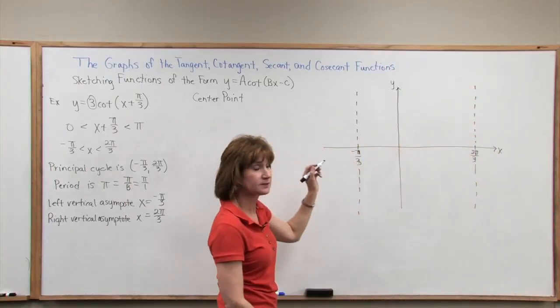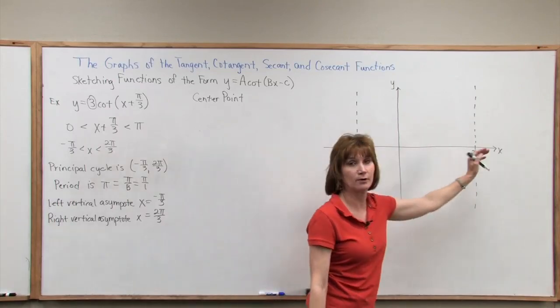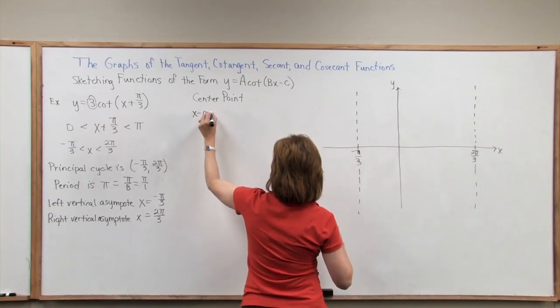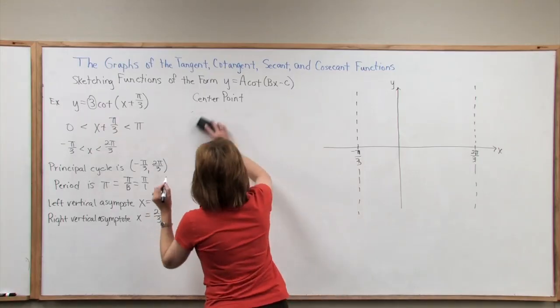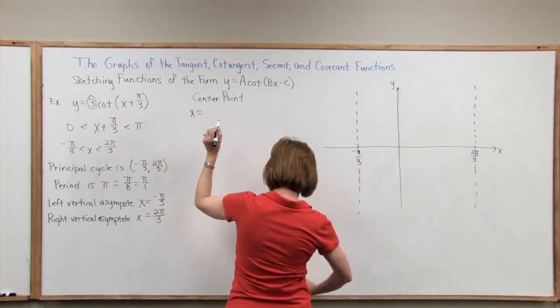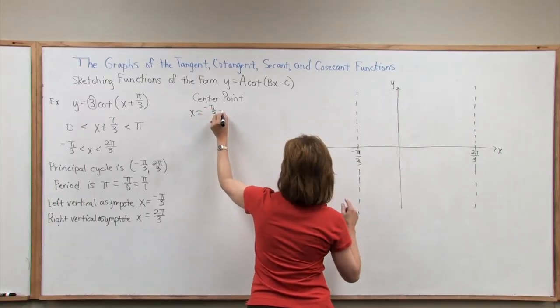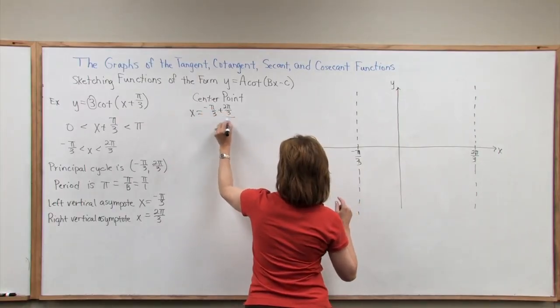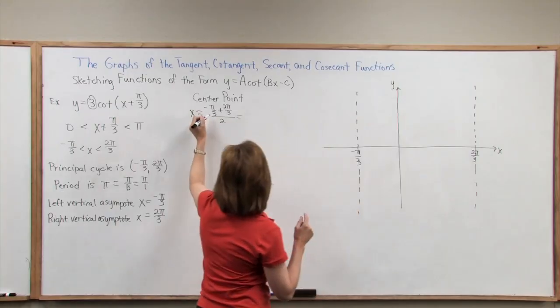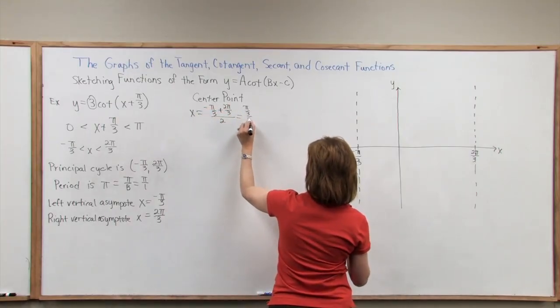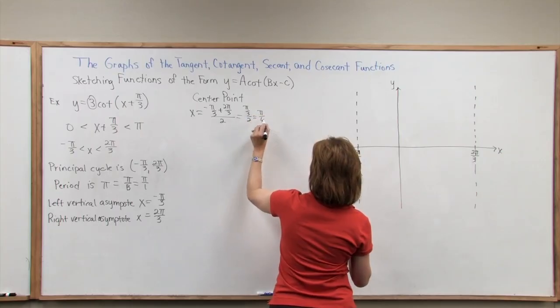So the center point is located midway between the left and the right vertical asymptote. Let's find the x-coordinate. Let's just do x equals. So the x-coordinate will be -pi over 3 plus 2 pi over 3, divided by 2. So that's pi over 3 divided by 2, which is pi over 6.